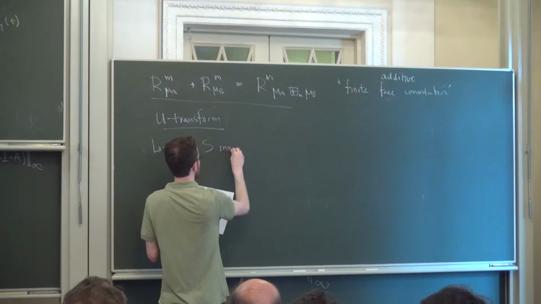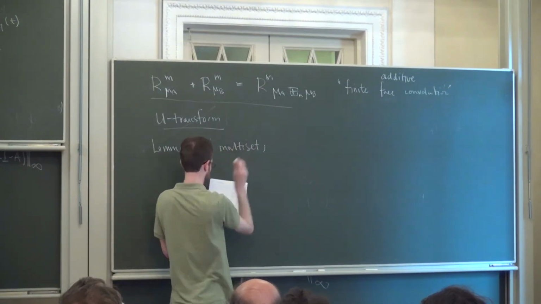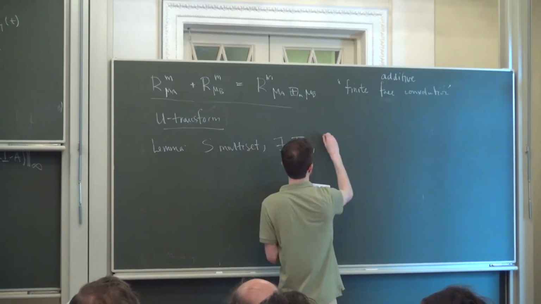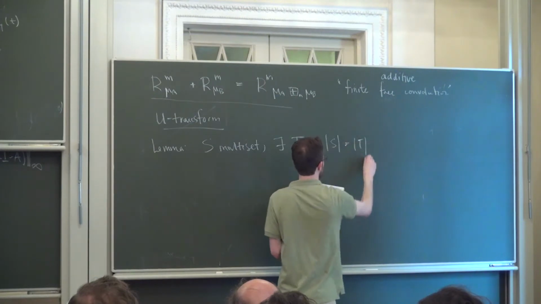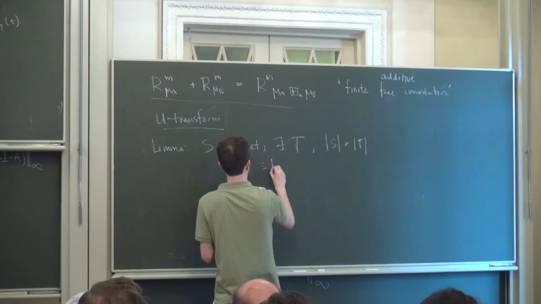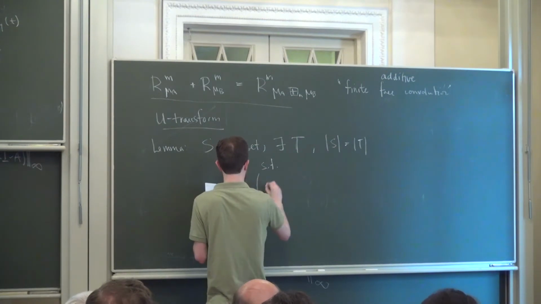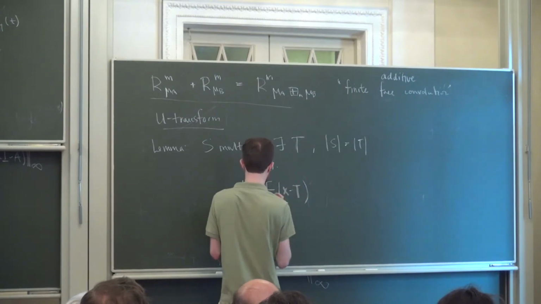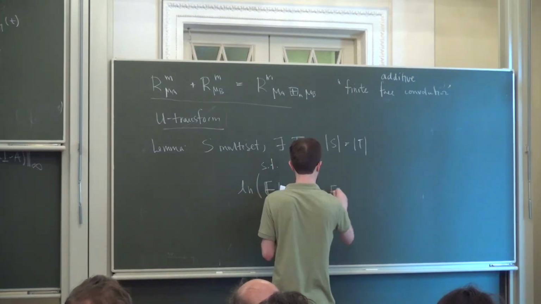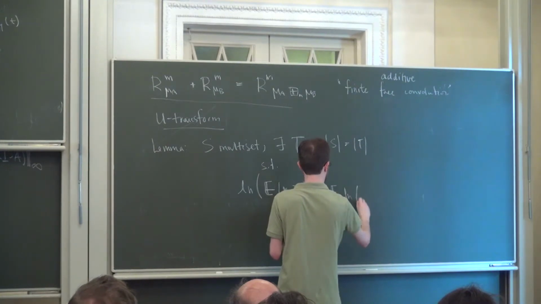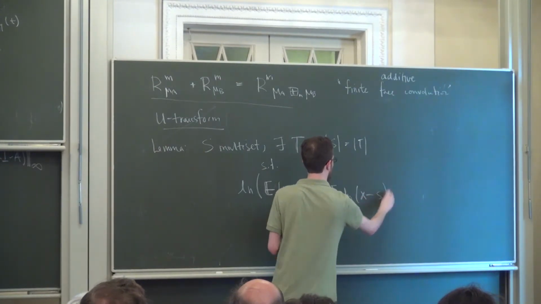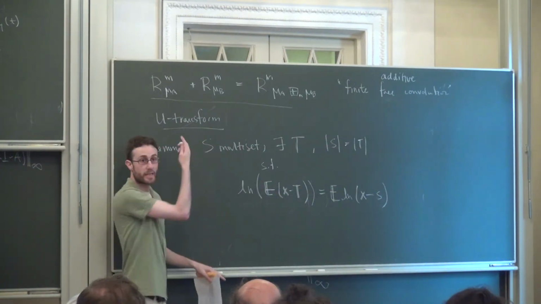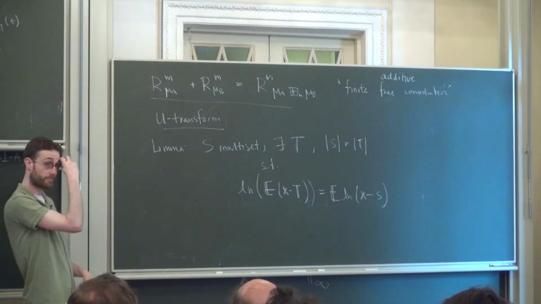So if S is a multiset, then there exists a T with size of S equals size of T such that natural log of the expected value of x minus T equals natural log of x minus S, where the expected value means I'm taking each of the things in the multiset uniformly at random.